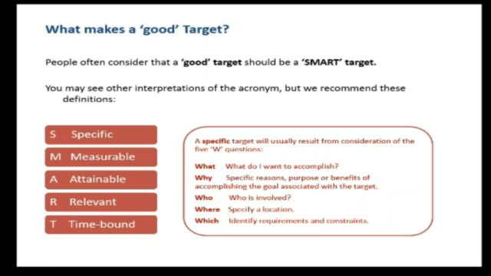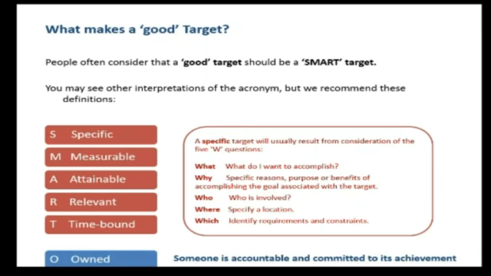And I'd also like to suggest that there might be another element to this acronym about a good target: SMART O, that they're owned, that someone is accountable and committed to its achievement. If it's not clear who is actually going to be accountable and responsible for this target happening, it's a bit of an orphan and it's unlikely to happen.